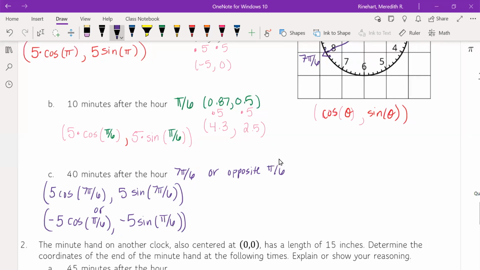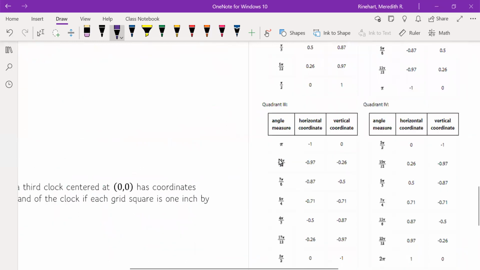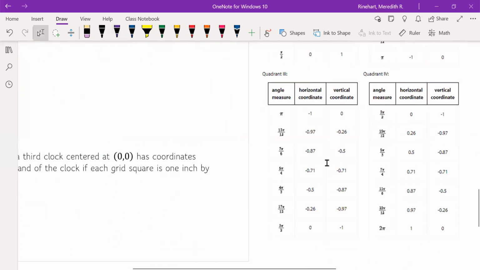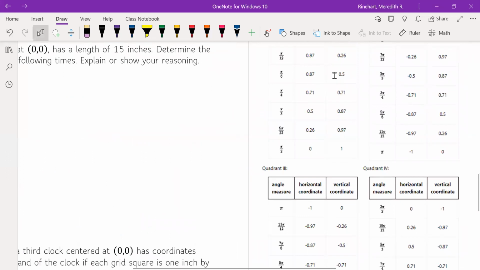You could also approximate. So again, we use this chart. We'll notice here that 7 pi over 6 is negative 0.87, negative 0.5, which is just the opposite of pi over 6.